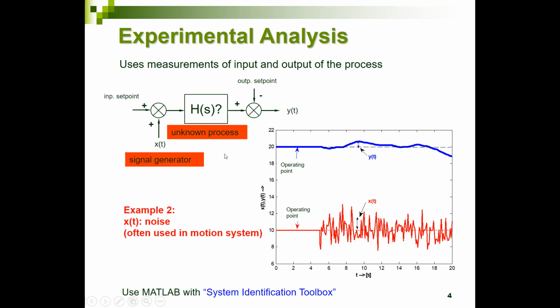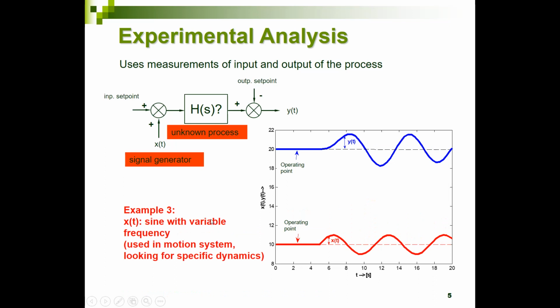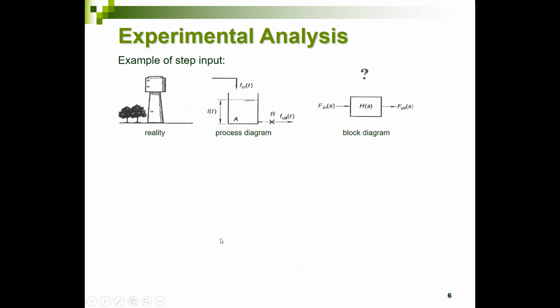Well, that's not the topic of this video. This is about time domain modeling. Another example of measuring in the frequency domain is using not only noise but a specific sine function, which is also used in motion control systems when you're looking, for instance, for specific dynamics. As I said, we're looking at time domain analysis in this video.